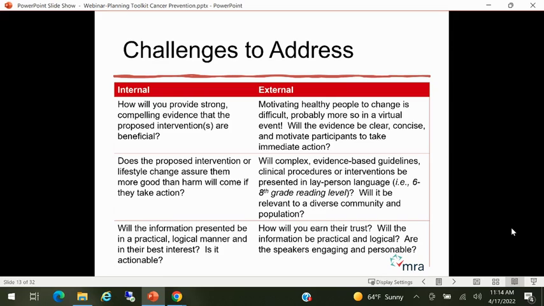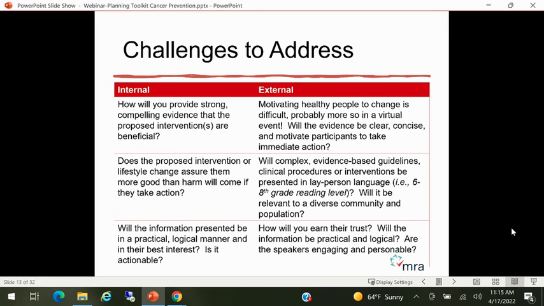And we know that motivating healthy people to change is difficult, probably even more so in a virtual environment because you don't have the benefit of seeing their reaction, of making eye contact with them, or soliciting their direct feedback. So, how are you going to motivate that individual? And will the evidence you present be so clear, so concise, that they're going to want to take immediate action?